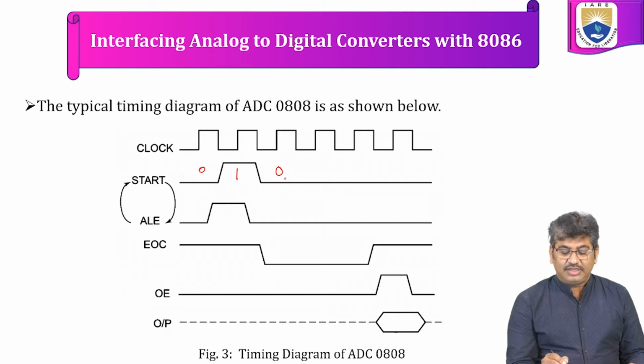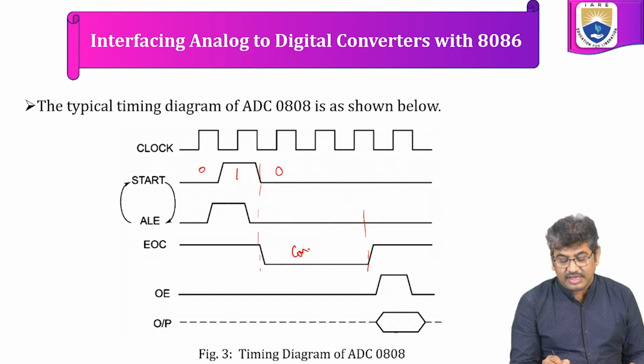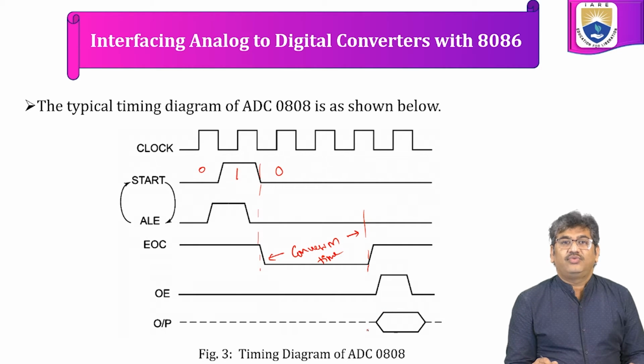Once we give the start of conversion, after this point it will take some amount of time for conversion, and then the EOC signal is activated. From this end to this end is the conversion time.